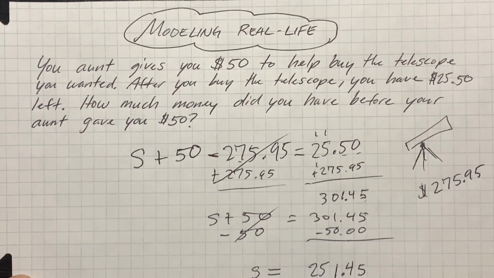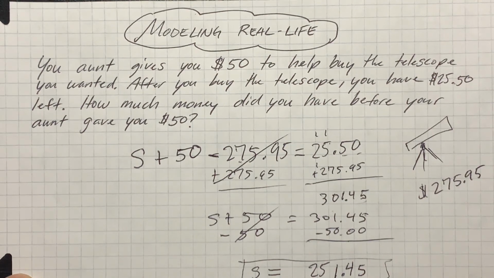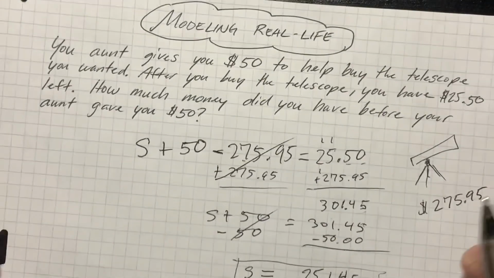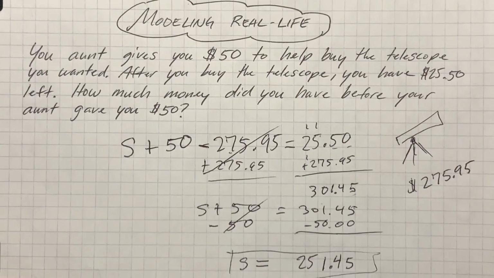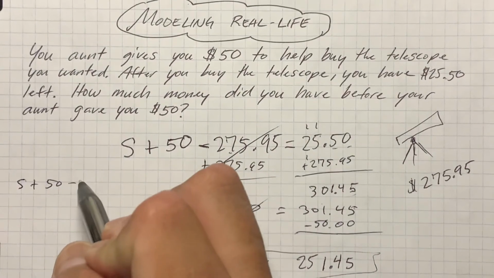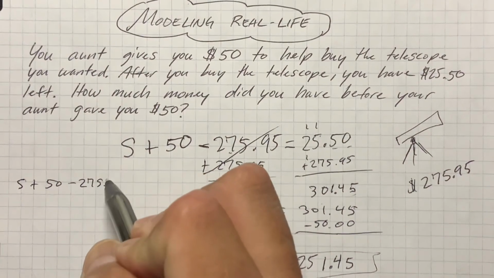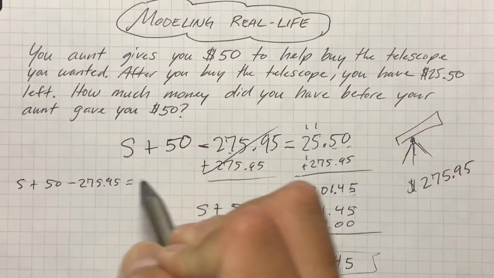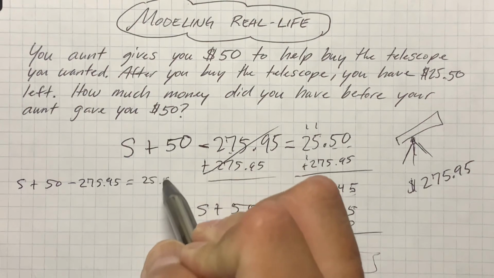Okay, so we're saying that S equals $251.45. That's our conjecture. So now we're going to check. S plus 50 minus $275.95 should equal $25.50.